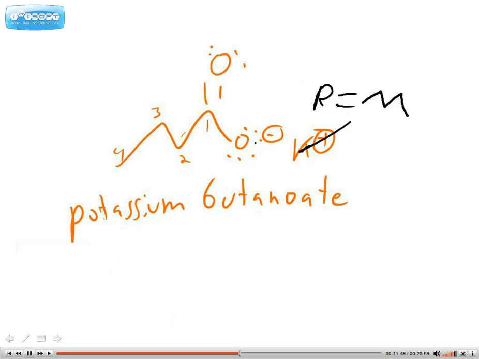So for example, if I were to replace the potassium with a CH3, I have to get rid of that lone pair right there as well as the charge, so that way it's all balanced out. 2, 4, 6, 8. There you go. Now it has a methyl group instead of a potassium.